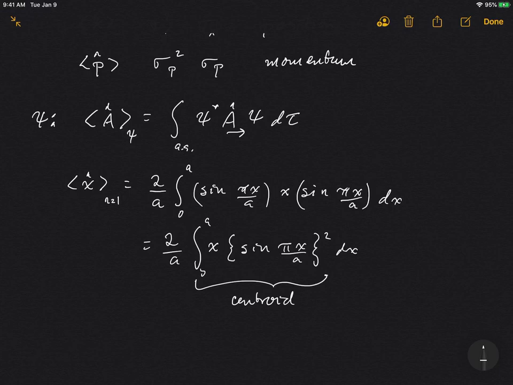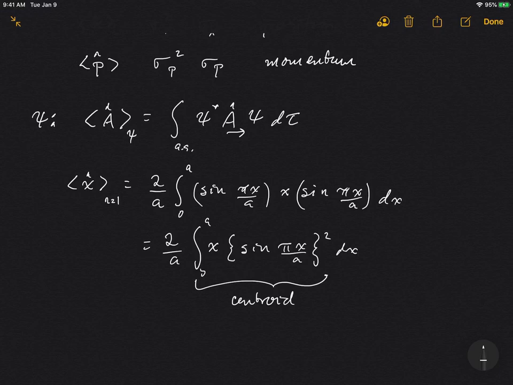And it's a very symmetric function. The peak in the probability density is going to be in the middle of the box. And the center of mass of that, if you were sliding a fulcrum around and trying to balance, where the center of mass is, so that the masses on either side of the fulcrum cancel, it would be right in the middle of the box.